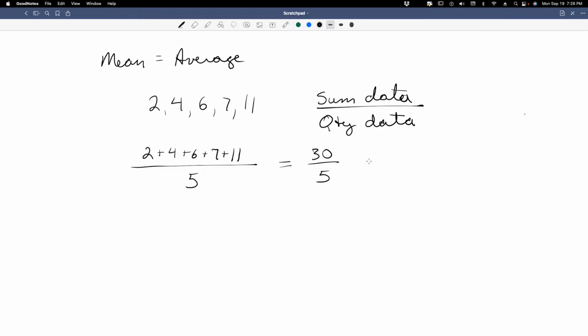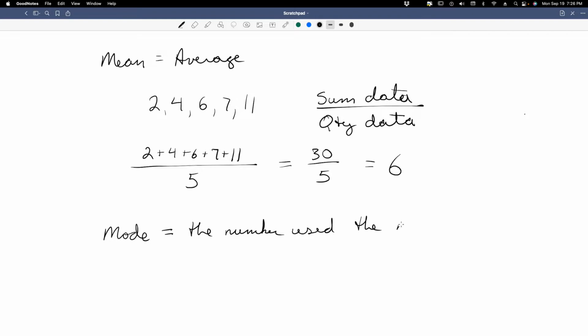All right, so now let's talk about mode. Mode just means the number used the most. Do we have a mode with this set of data?